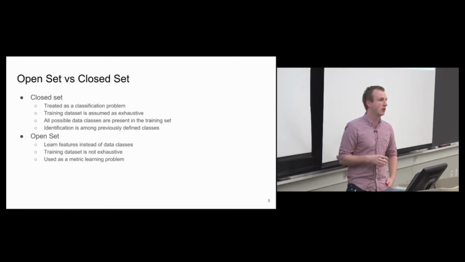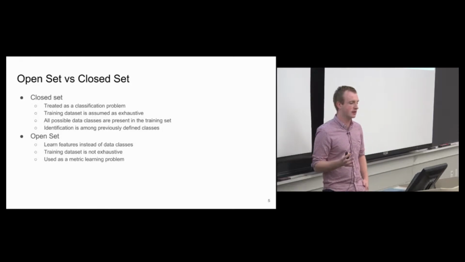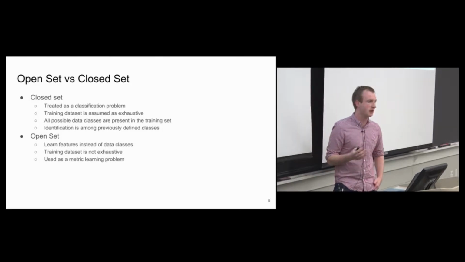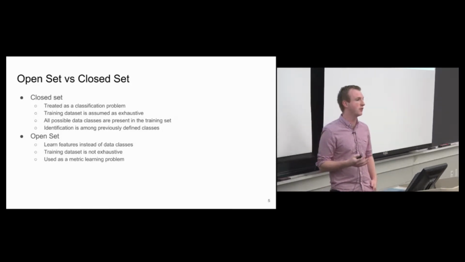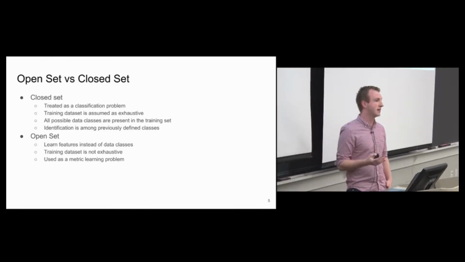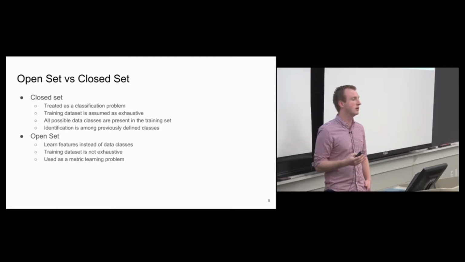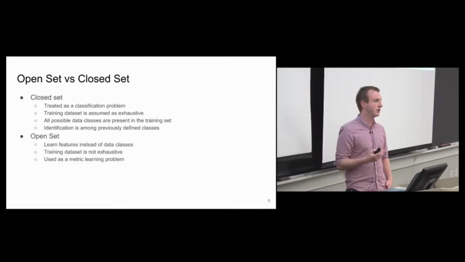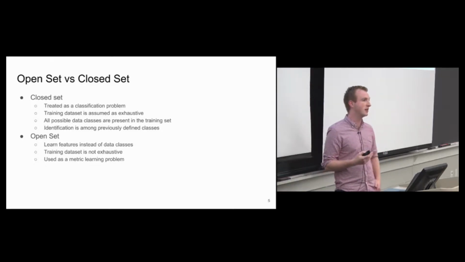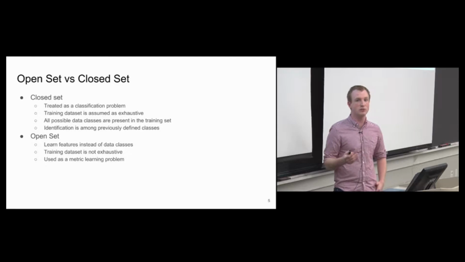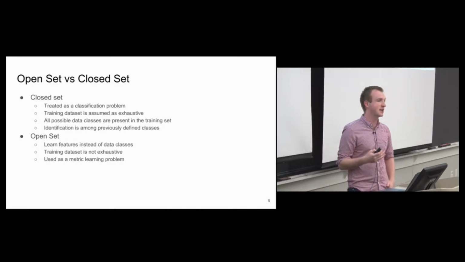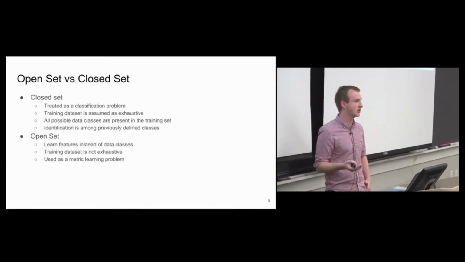All right, so one thing that we're talking about in this assignment that we haven't really talked about before is open set versus closed set problems. So generally, what we've been doing so far in the course is closed set problems, where you have a training set, and even though the data is different in the training set, we believe that it is generally distributed the same way as the test data, and we definitely assume that they're the same classes represented in the test set as there are in the training or evaluation set.